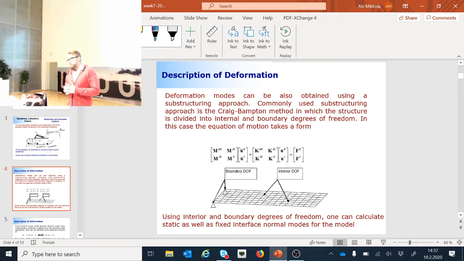So actually there are methods that are quite general and allow us to create the deformation modes that can capture the local deformation in a fairly straightforward manner. And the local deformation you may need if, let's say, you have, well, let's give an example. If you have just a cantilever structure like this.